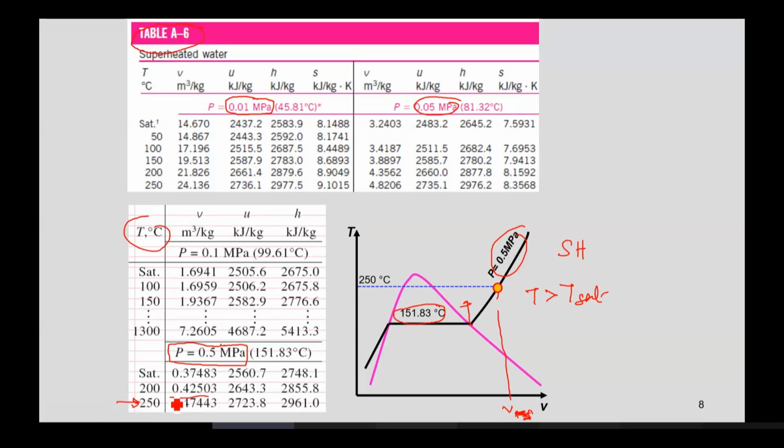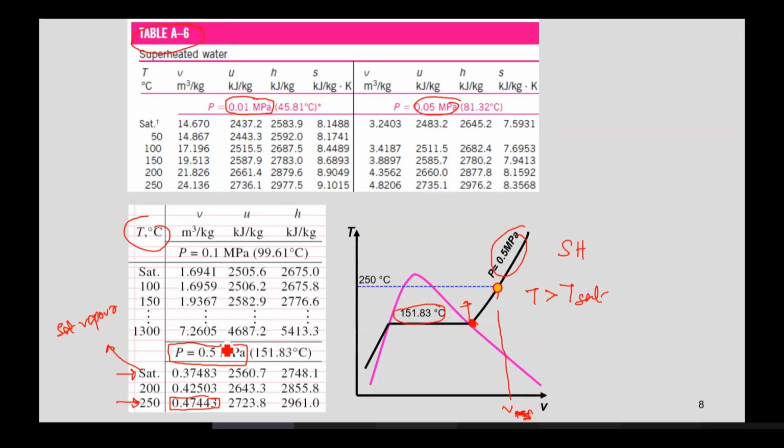The value corresponding to these two would give you the specific volume. In every superheated table, the first row is for the saturation properties. These properties are basically properties for the saturated vapor state. That means these are the properties for this state.